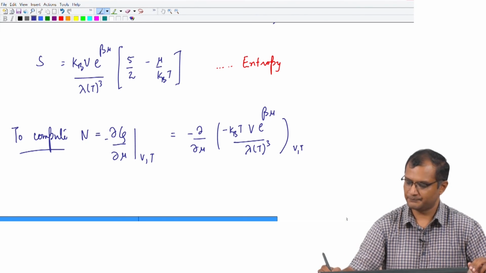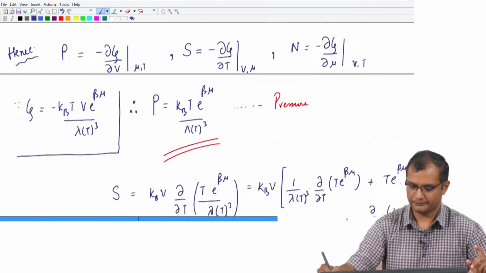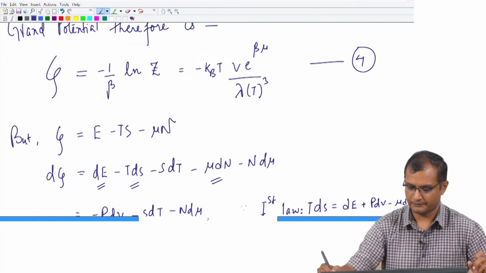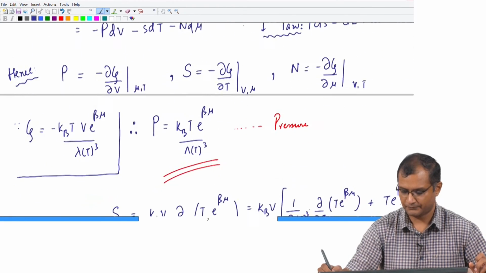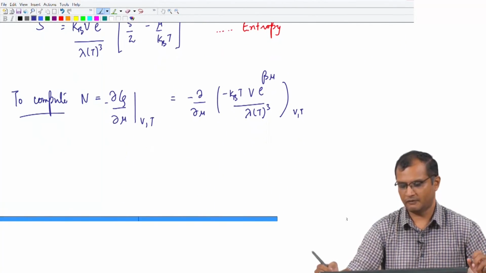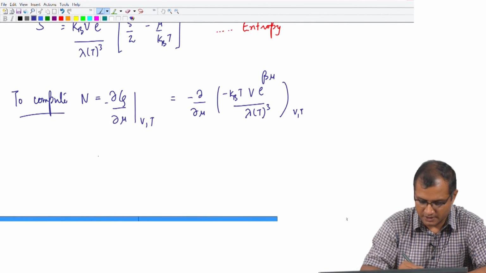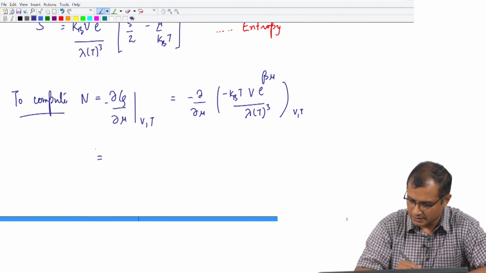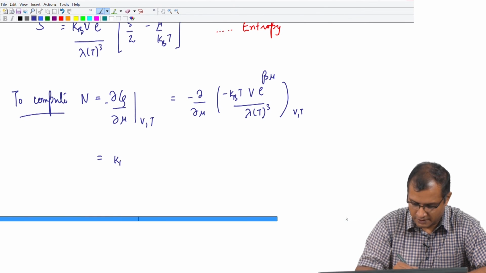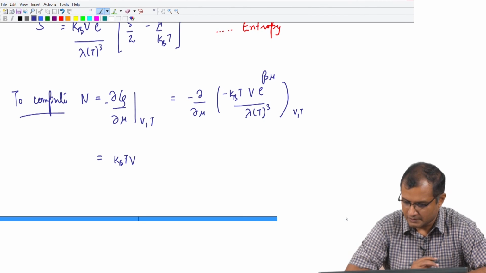If you take this derivative, you get k_B T into V outside, no issues there.